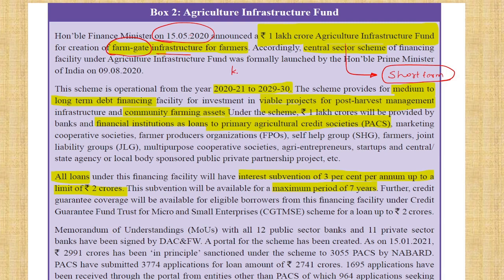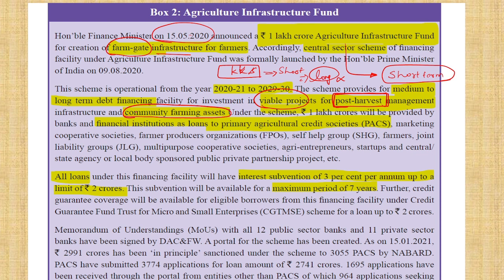Last year, in 2020, they asked about the Kisan credit card scheme. It is a short term loan, but there they gave it as a long term loan, so the statement was wrong. Same way here, for the agriculture infrastructure fund, they will give you that it is a short term fund, but it is a medium to long term fund for viable projects for post harvest management, that is building cold storage, community farming assets.